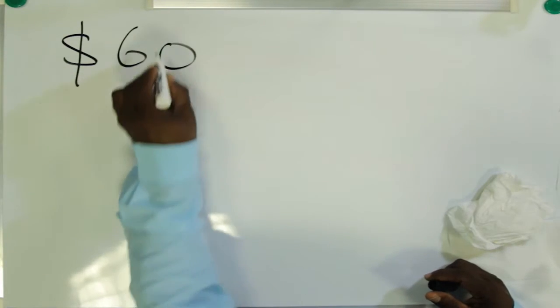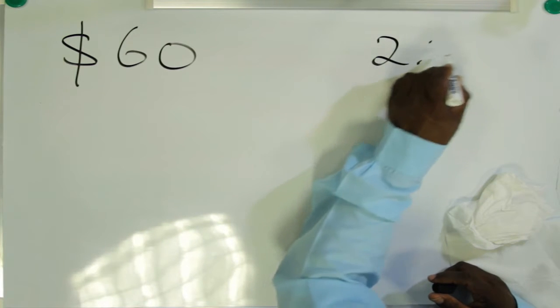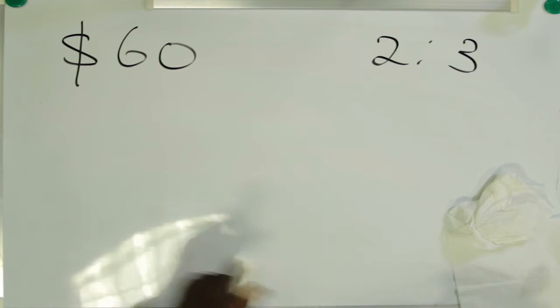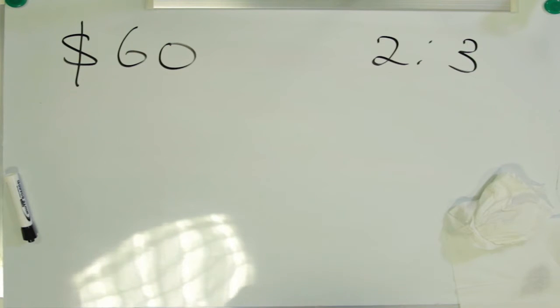We could also use the mathematics of ratio and proportion to share money. Let's assume that there are $60 to be divided in the ratio 2 to 3. Again, we start putting dollars under each category. $2 and $3.